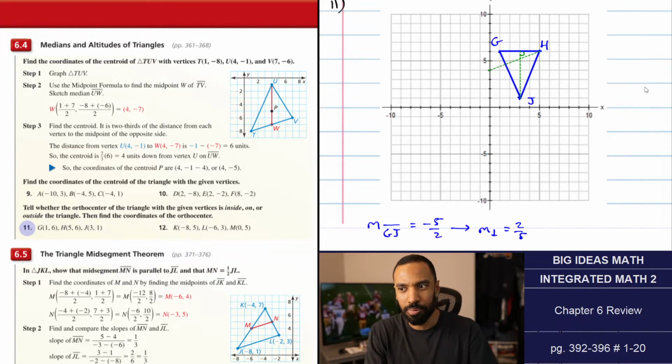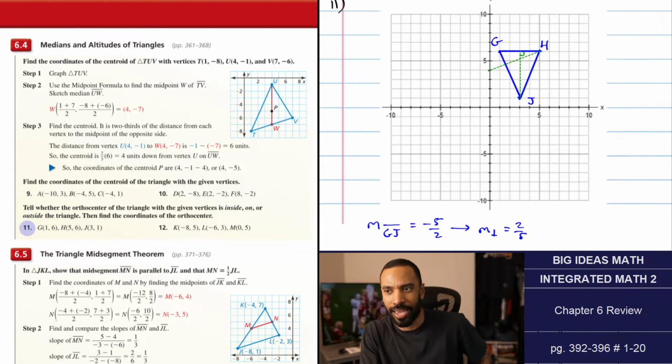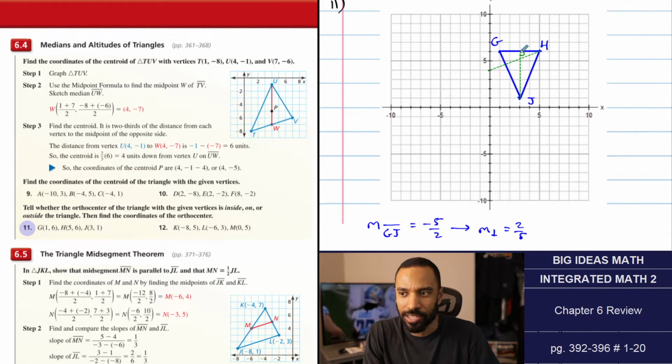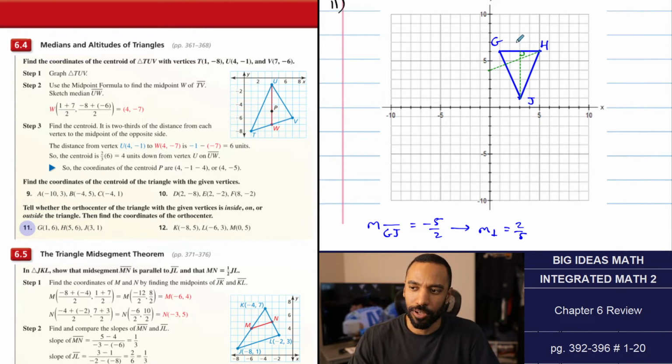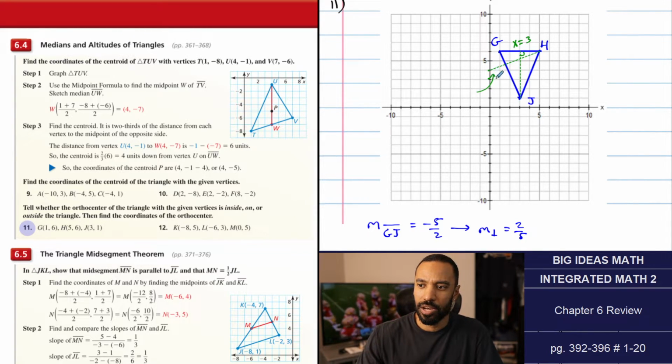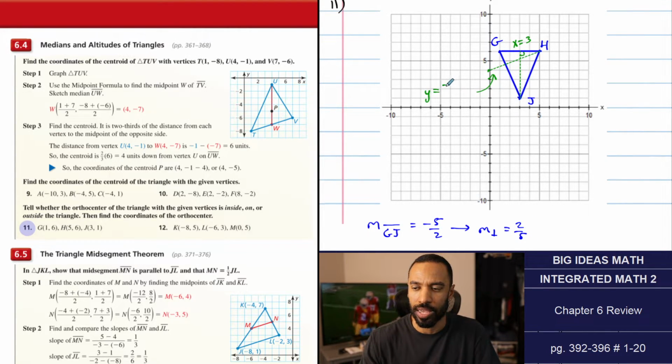But I'm a little bit blessed in two ways. The equations of these lines are kind of nice. This line, remember, is a vertical line. And any vertical line is x equals some number. This one is x equals 3. Whereas this line right here, I know the y-intercept at 4, and I know the slope of 2 fifths. So this is the equation y equals 2 fifths x plus 4.